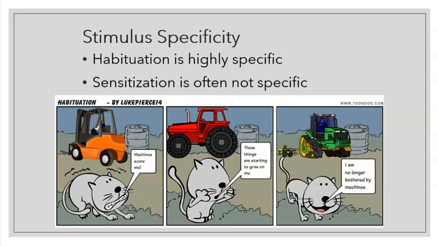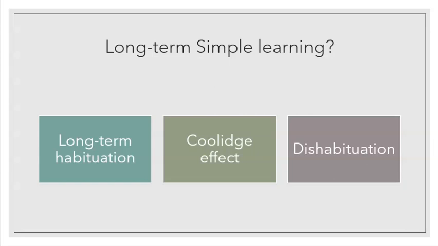Now, because habituation and sensitization is a very simple learning, can these simple learning techniques last long term? With PTSD and sensitization, you can probably understand that, yeah, that can happen long term. But what about habituation, just like not noticing something or not responding to something anymore?